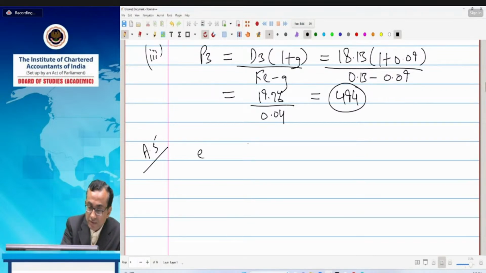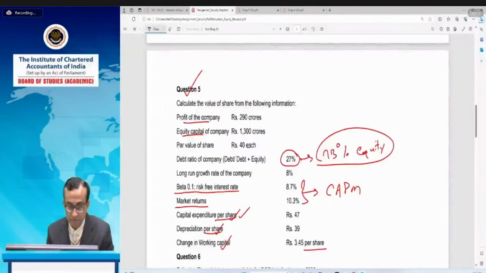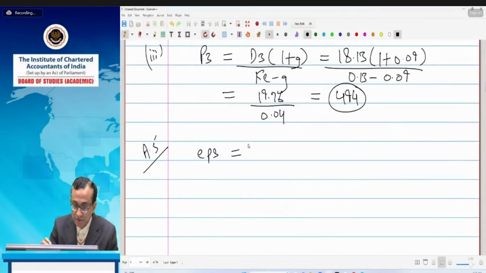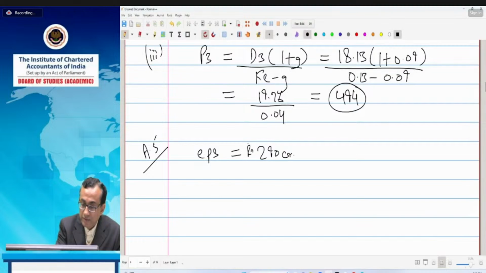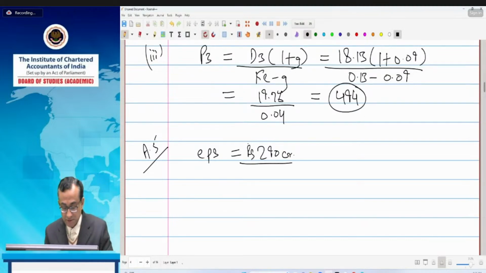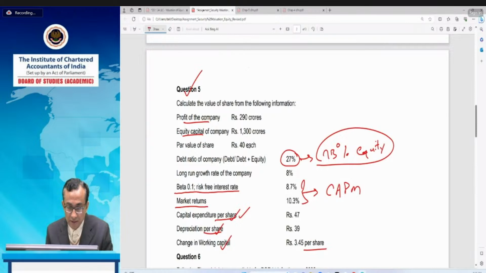First of all, we calculate the EPS because profit of the company is given here. Profit of the company is given 290, so rupees 290 crores. What is EPS? Net profit of the company, profit after tax divided by the number of equity shares. The number of equity shares is not given, we can calculate it with the help of this equity capital and the par value.